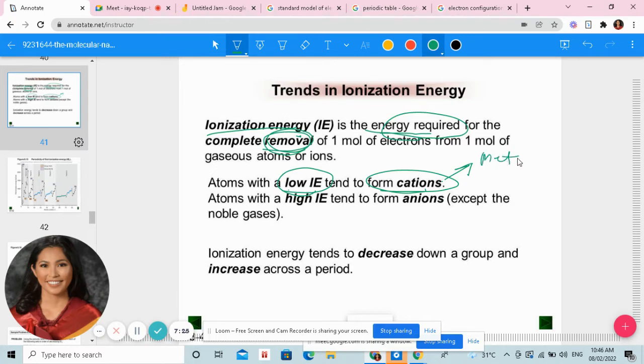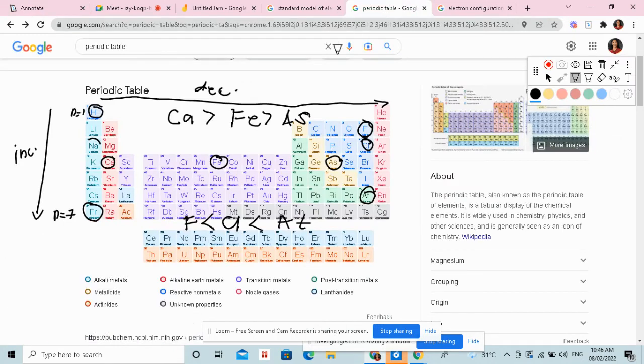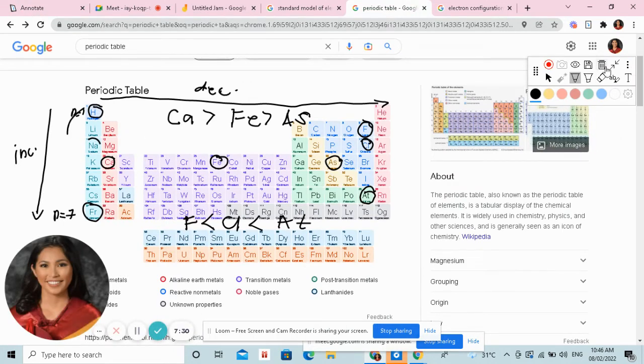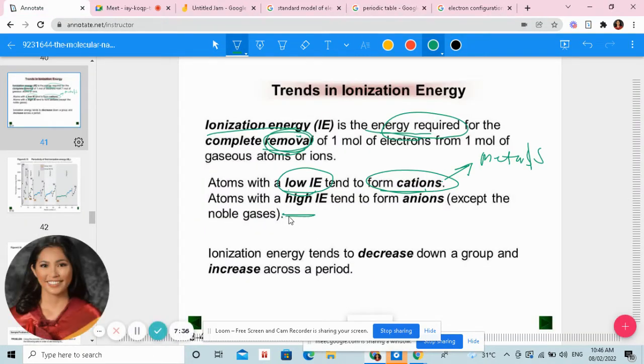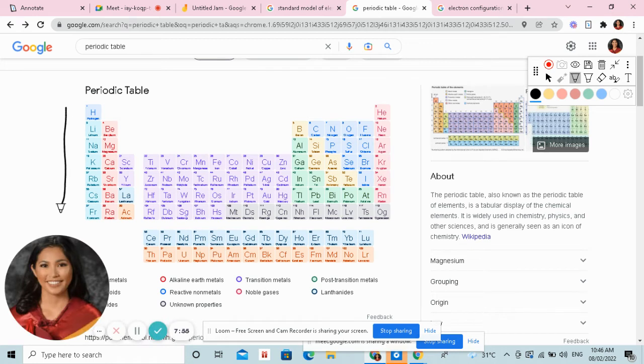So metals have lower IE, while high IE tend to form anions, which are non-metals. So ionization energy tends to decrease down a group and increase across a period. If we go down, ionization decreases, and as we go across, ionization increases.